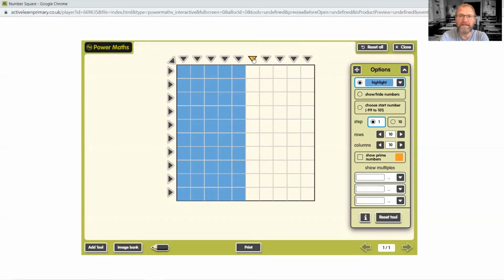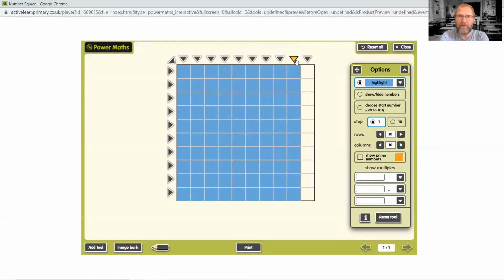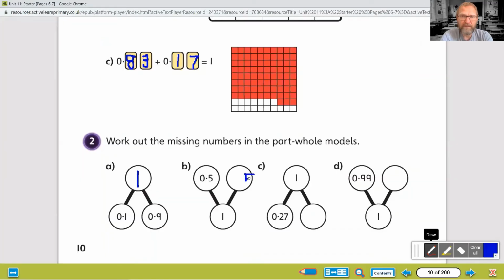Well, we're going to add 1, 2, 3, 4, 5/10. So 5/10 plus 5/10 makes a whole. So that's 5. Remember, we need to show that place value. So we need to show it as 5/10.